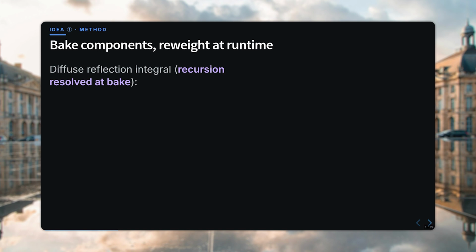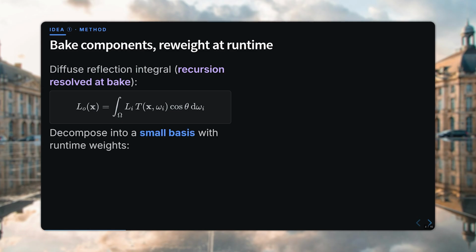Okay, let's take those three ideas one at a time. We start from the diffuse reflection integral, and just to be clear, all the light transport recursion is already resolved at bake time. Here's that integral. The outgoing radiance is just the incident lighting times the transport term integrated over the hemisphere.